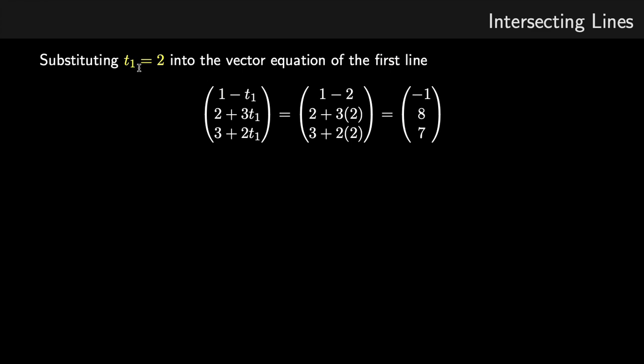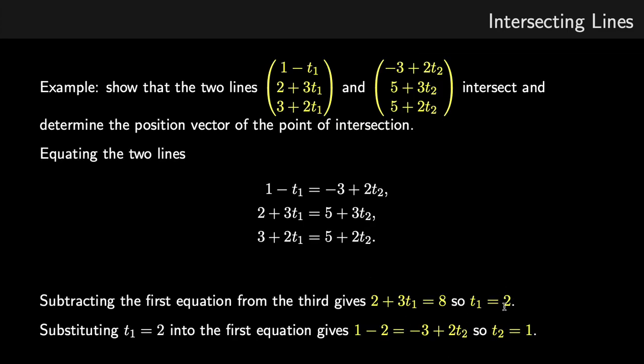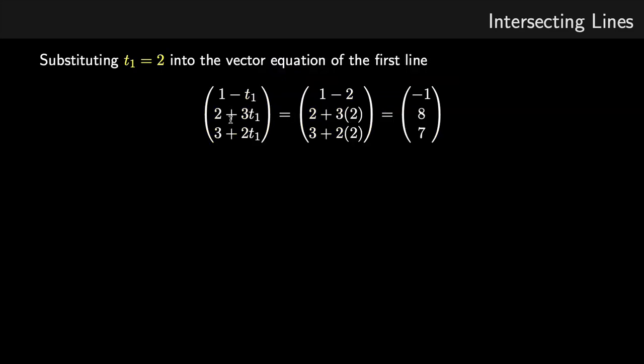So if I substitute t1 is equal to 2 into the vector equation of the first line, so just going to go back a slide. We saw that t1 is equal to 2, and our equation for the first line was this vector. So I substitute t1 equals 2, and we get the position vector (-1, 8, 7).